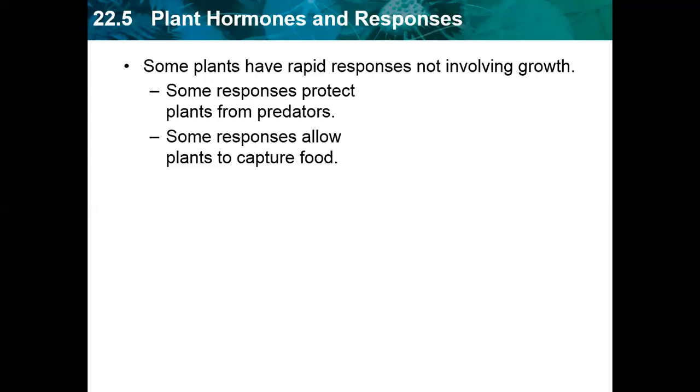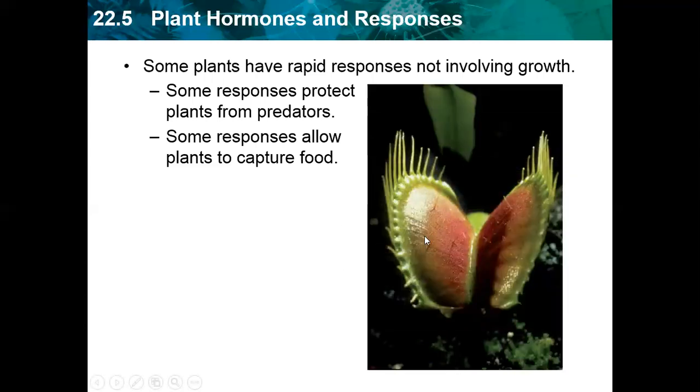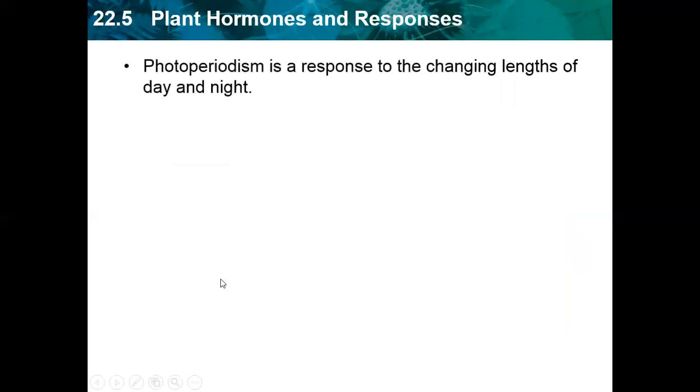Or in the case of the Venus flytrap, which we all know, they respond rapidly because the plant responds to anything that touches the internal part of it, and this is the way it also gets its food.